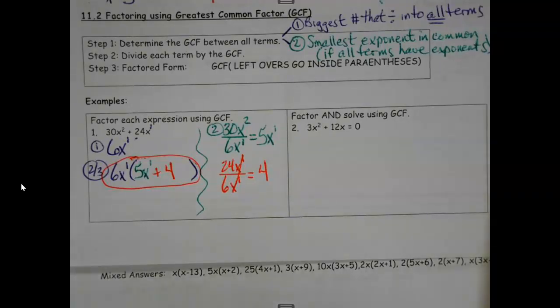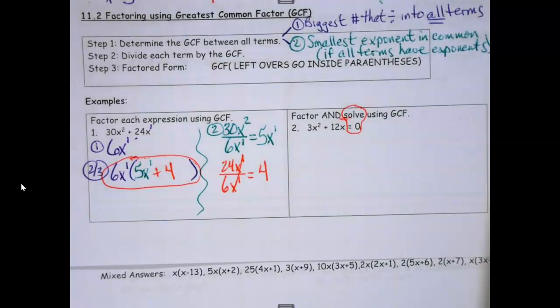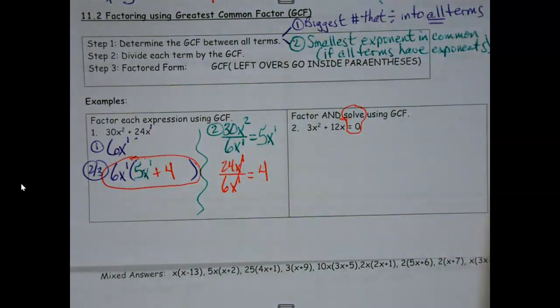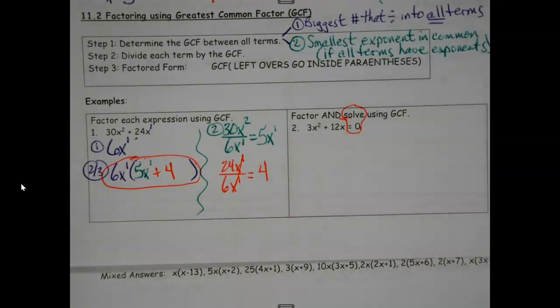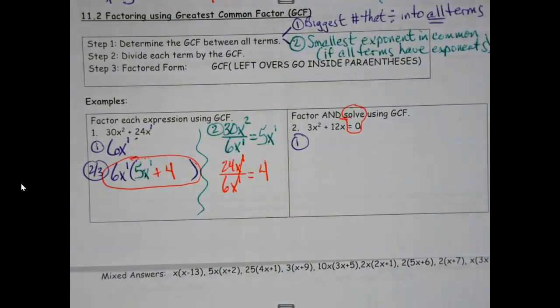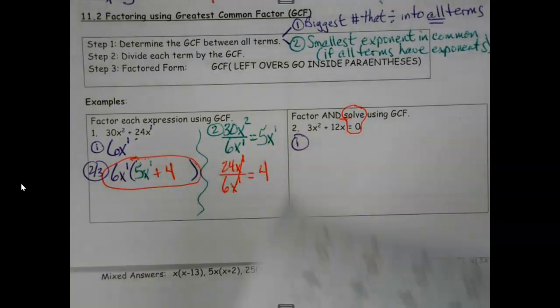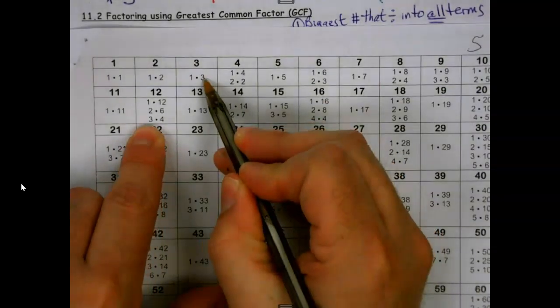So now, the only other twist we can have with these is if all of a sudden there is an equals sign in there, we're going to have one extra step. So we're still going to do the biggest number that goes into 3 and 12, which would be 3.